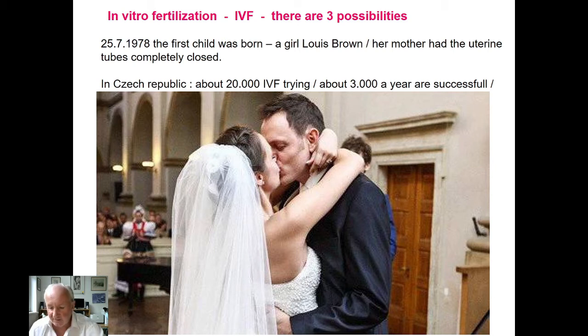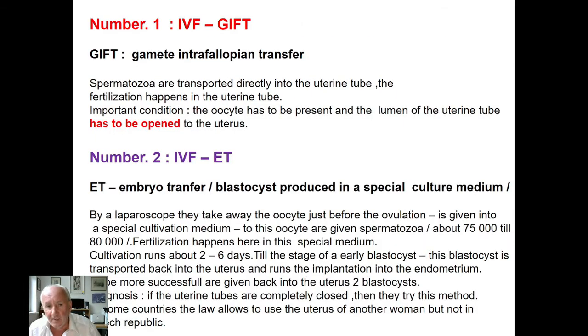In the Czech Republic, this possibility is also running, to help young people to get a child. Sometimes it's not successful, sometimes yes. There are only 3 possibilities, nothing more, to help. The first possibility: you have to be sure that the lumen of the uterine tubes is open. This is important. Then you can try to transfer spermatozoa directly into the uterine tube.